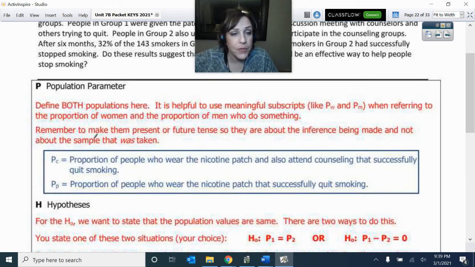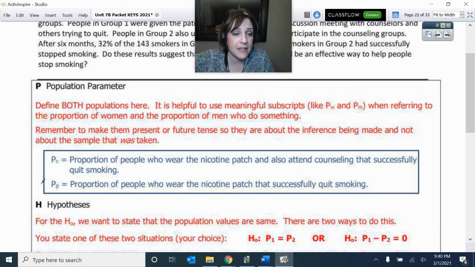That's already happened. So I'm going to choose P with a subscript C to represent the proportion of people who wear a nicotine patch and also attend counseling who successfully quit smoking. So think about this. My denominator is those smokers who wore a patch and went to counseling, and the numerator is the proportion of those who quit smoking.